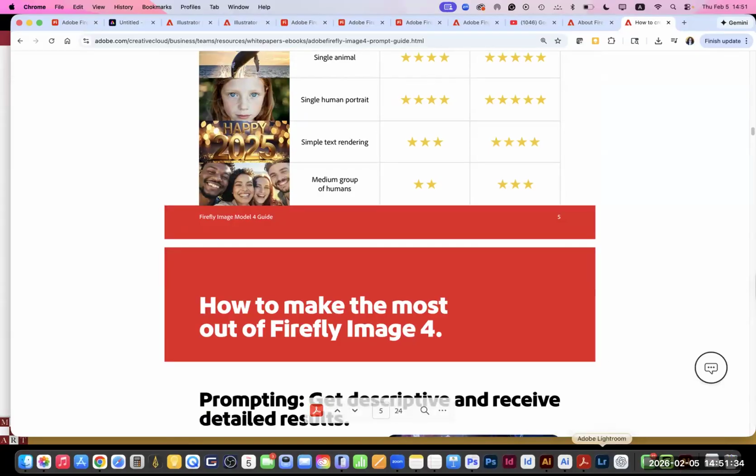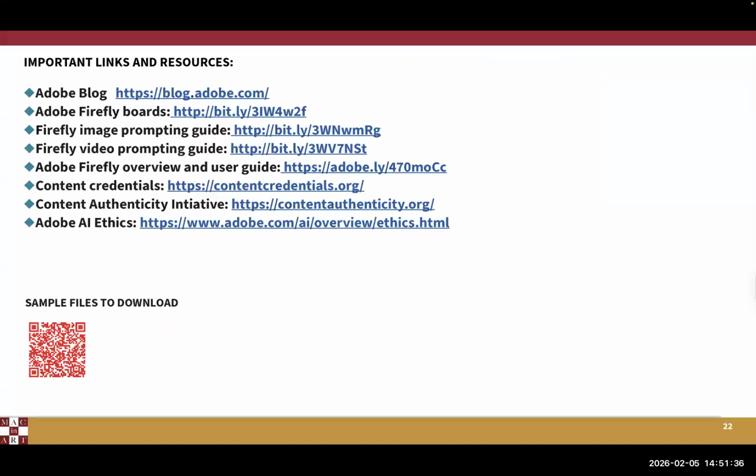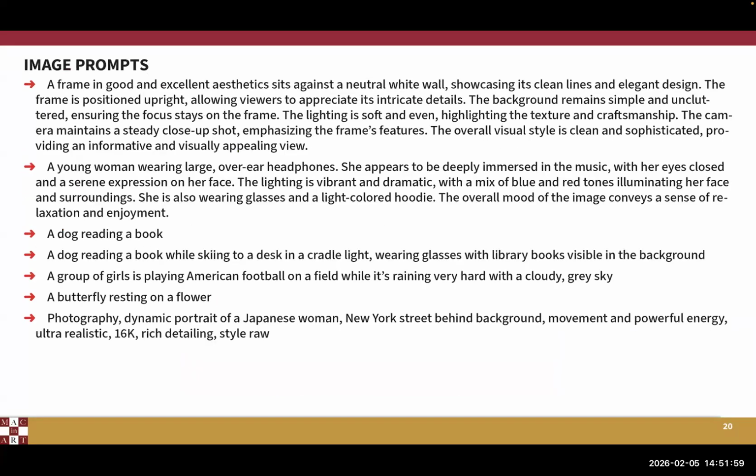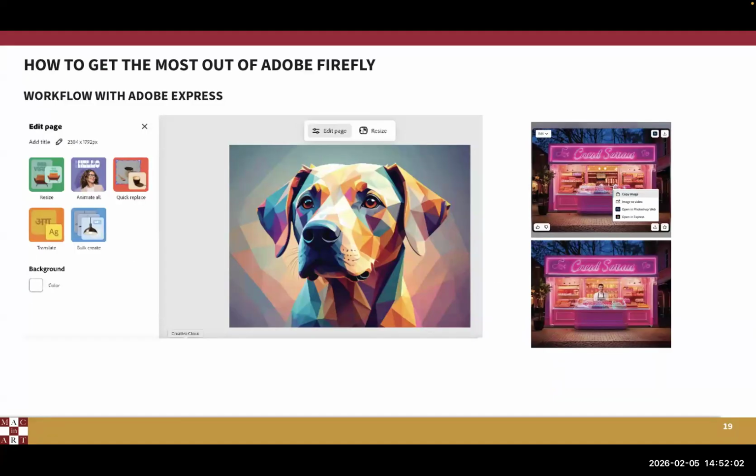And I'm going to go back here. Again, you have prompting for video, overview, user guides, content credentials, which is super important for copyright, content authenticity, and Adobe AI ethics that you want to go and review. And that actually brings me to over here, the prompts that I gave you some examples that you have and how to get more from it.